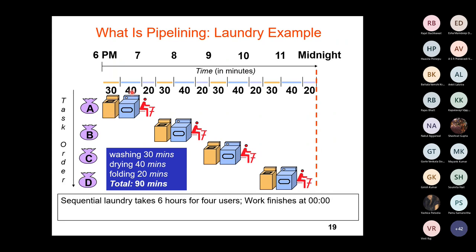So here, as you can see, this is the time axis. If I draw a vertical line here, at any instant of time, only one resource is busy. Isn't so?